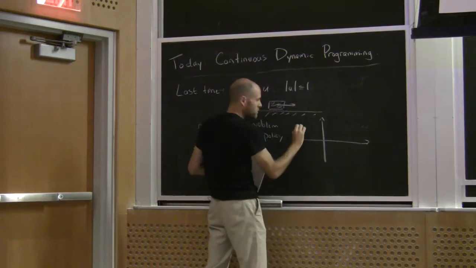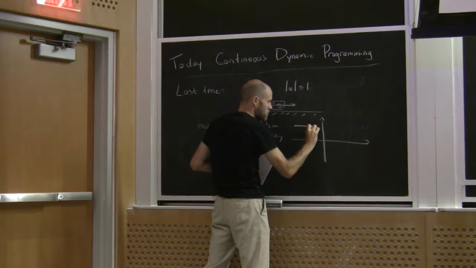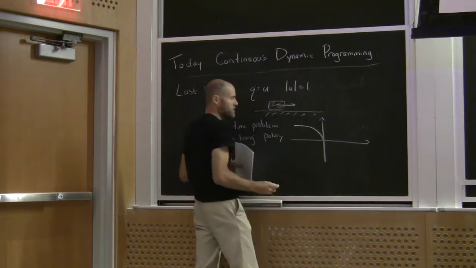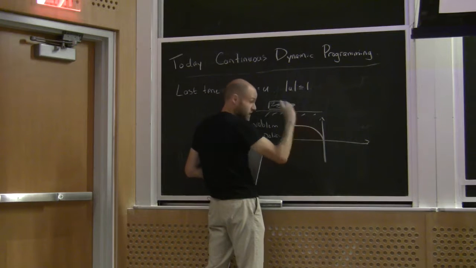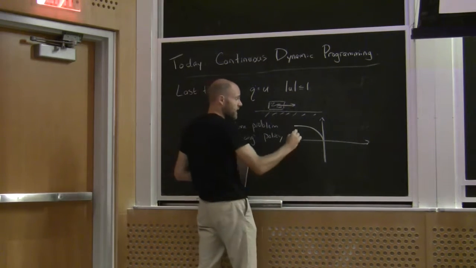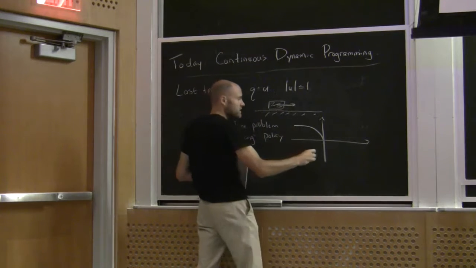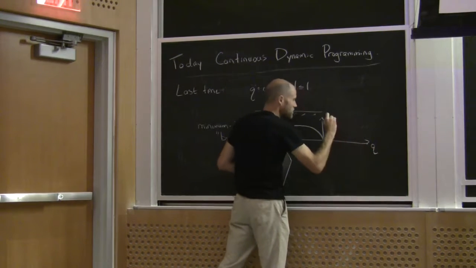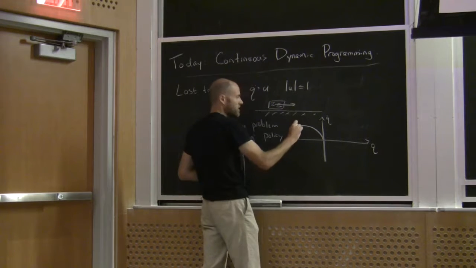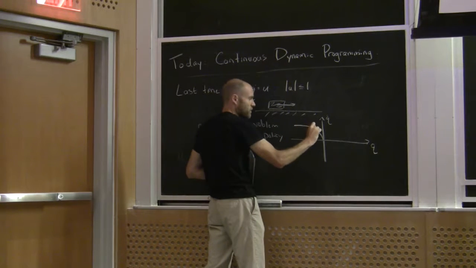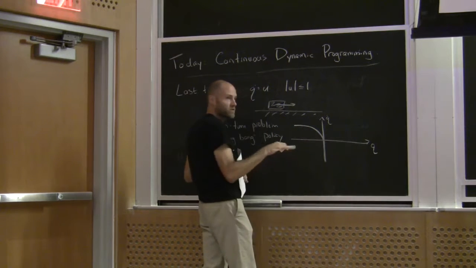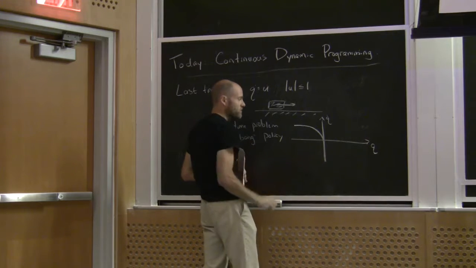Which had these critical paths, right? There was some trajectory that was this quadratic form that if I started in these initial conditions and applied maximal braking, this is Q versus Q dot. If I started on this initial condition and applied maximal braking, I would come screaming to a stop right at the origin.